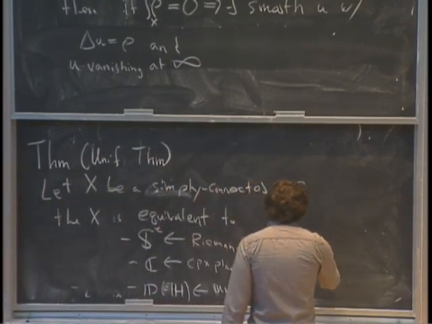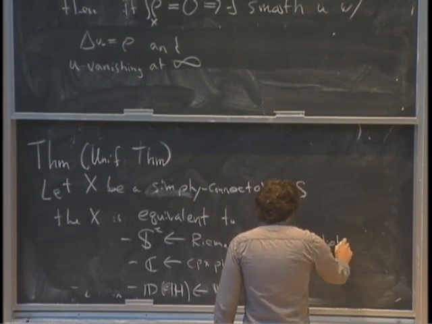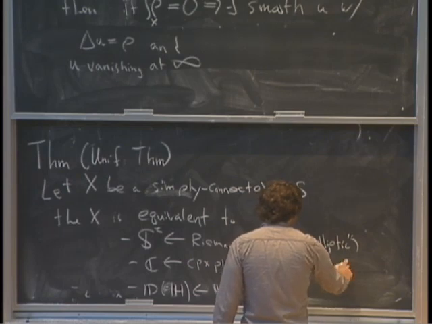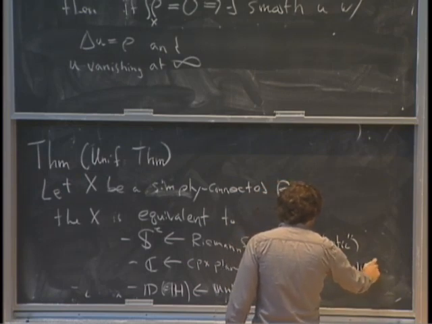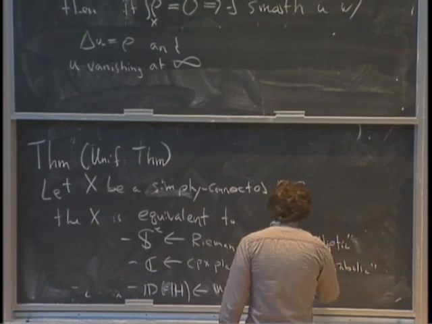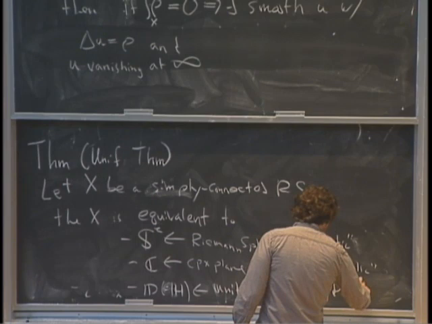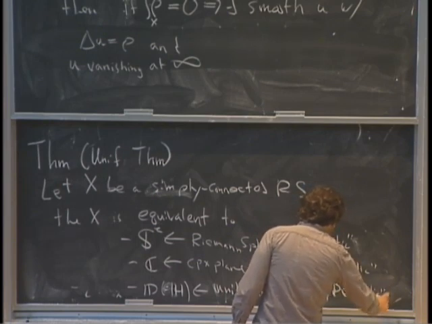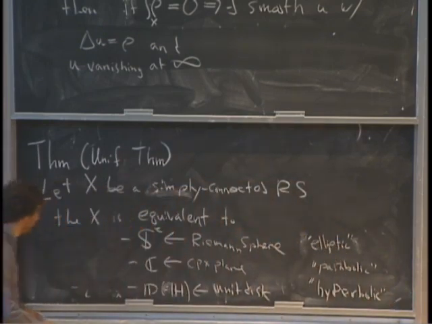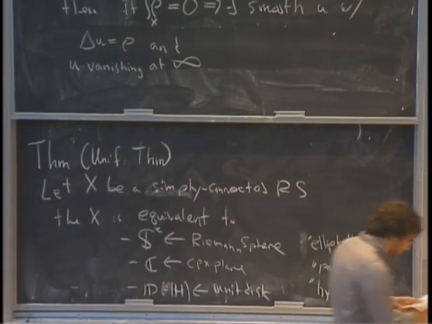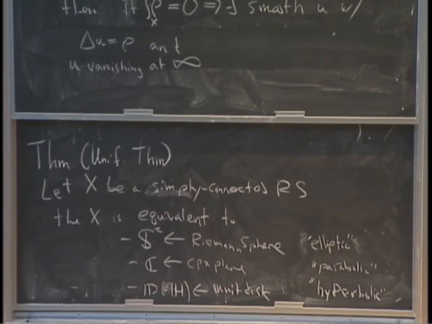So this is sometimes called the elliptic, the parabolic, and this is the hyperbolic, which I think comes from conic sections. But we'll see why this maybe makes sense in a second.